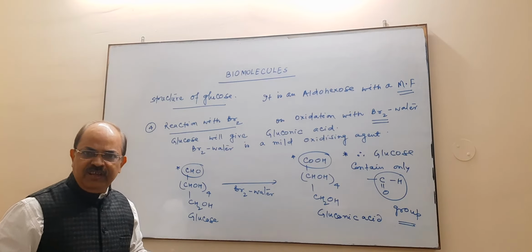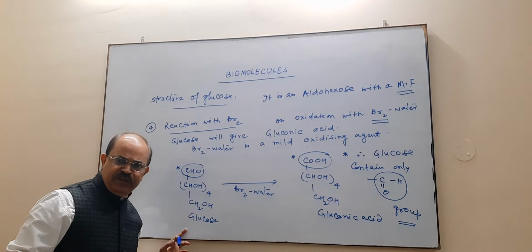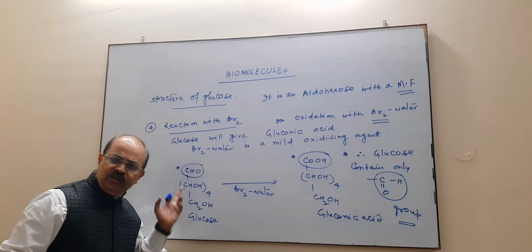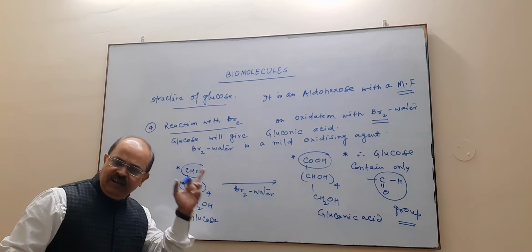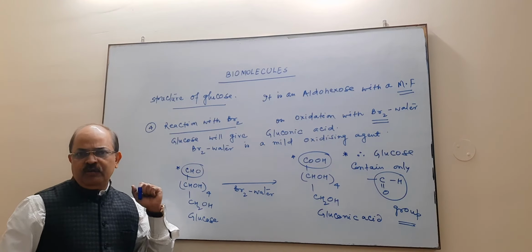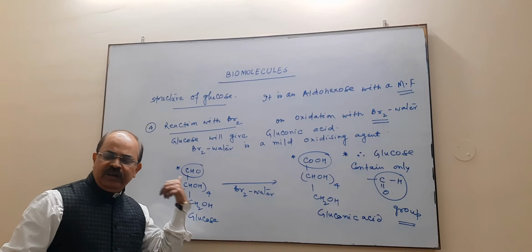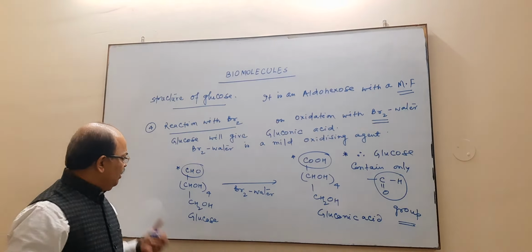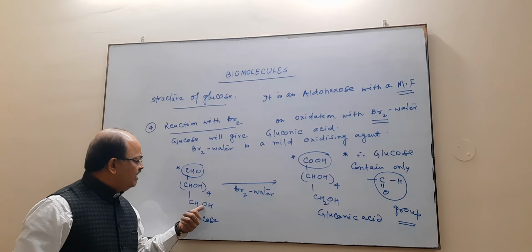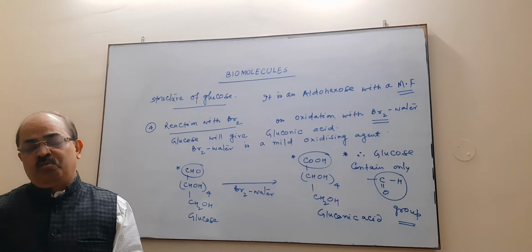हम लोगों को ये पता चला glucose contains 6 carbon and all the 6 carbon are in a straight chain. Second, it has a carbonyl group. In that carbonyl group is mainly your aldehydic, not ketonic group. Now just observe, it has 5 OH groups also.